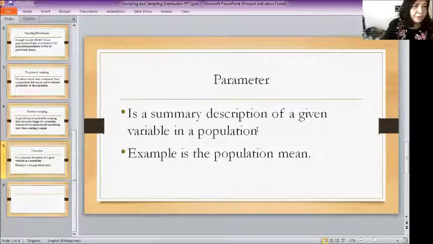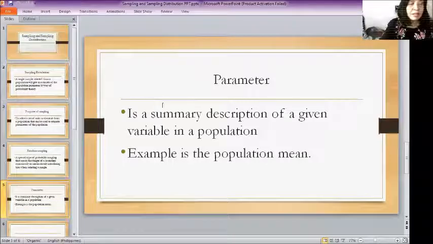Okay, so I think that would be enough for these different terms. First we have considered sampling distribution. What is the purpose of sampling? Random sampling parameters.